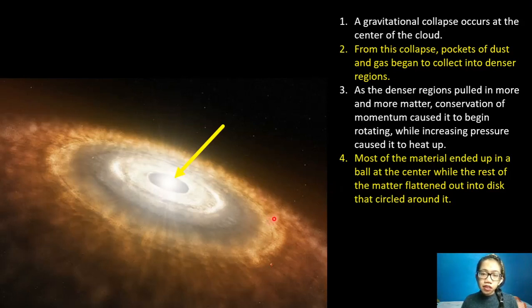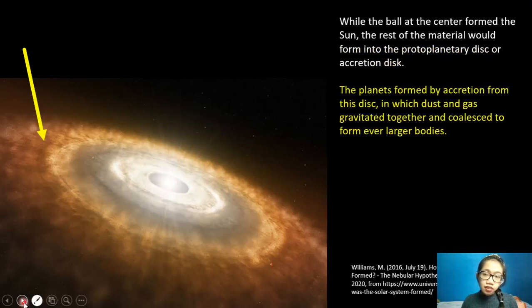Then the materials that are not included in the formation of the sun will remain and aggregate in a formation called an accretion disk. This accretion disk comprises whatever is left from the spinning nebula. The heavier materials form your sun, and the lighter materials form your accretion disk.